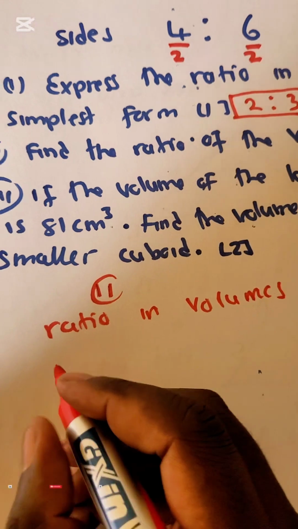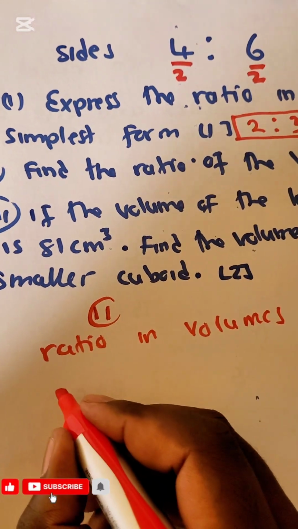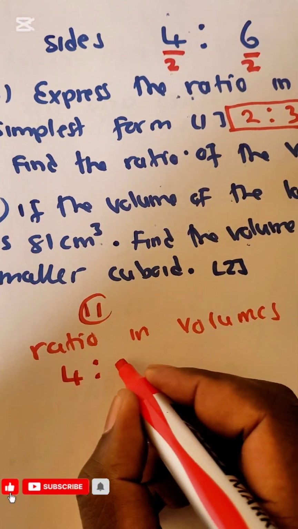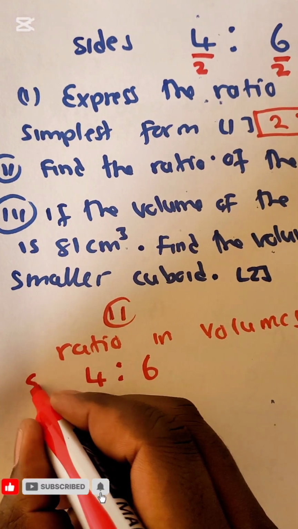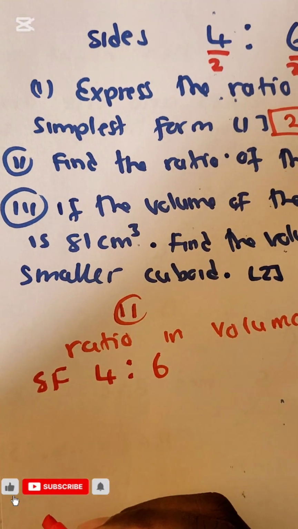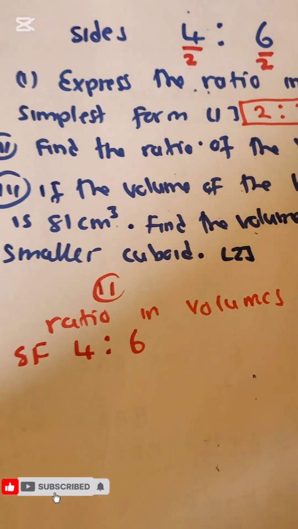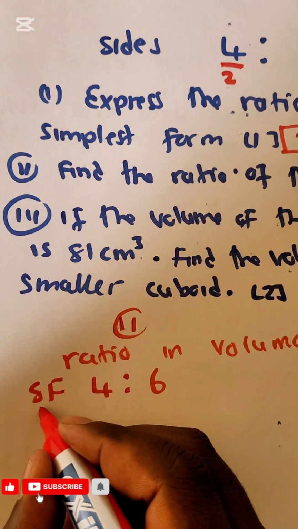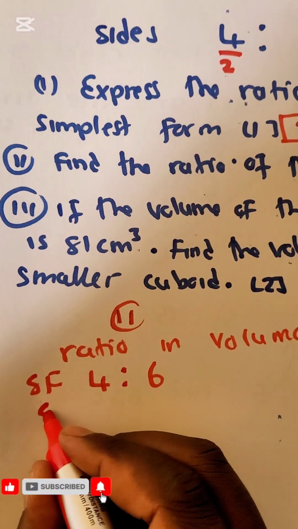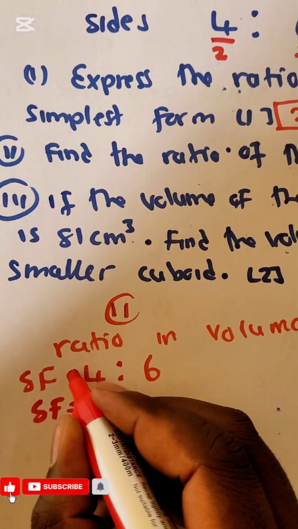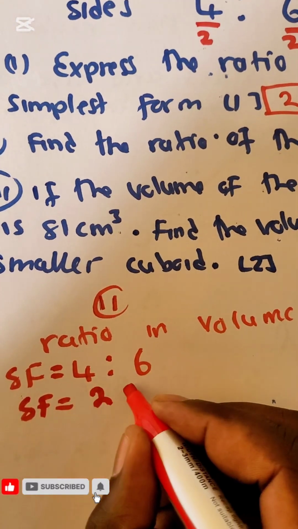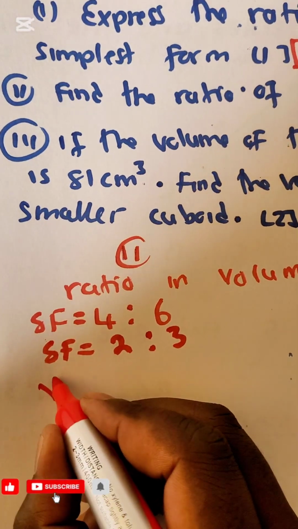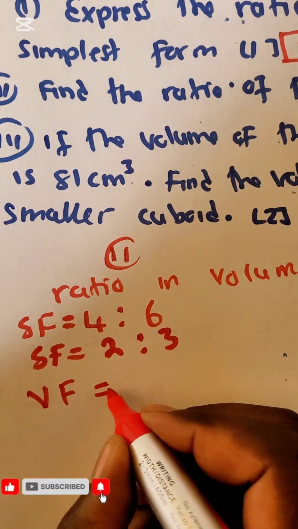Okay, so the first ratio that we are given, 4:6, is known as the scale factor. Scale factor is used to find the area factor and the volume factor. So we simplify it to its lowest terms. It's now 2 to 3. That's our scale factor. So I want to find the volume factor.